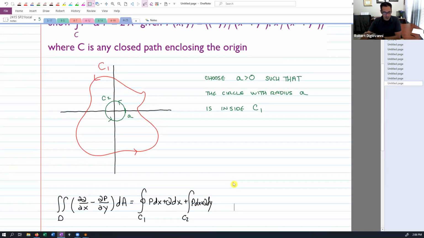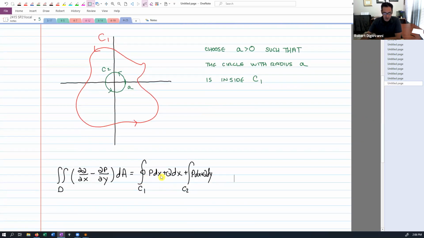We know that the line integral over C1 of P dx plus Q dy plus the line integral over the closed path, C2, that was closed, sorry about that, of P dx plus Q dy, that should be equal to the double integral over D of the partial of Q with respect to X minus partial P with respect to Y, right? That should be true.